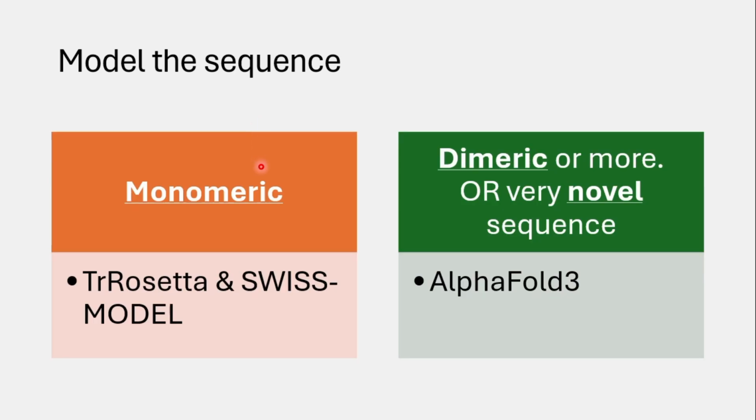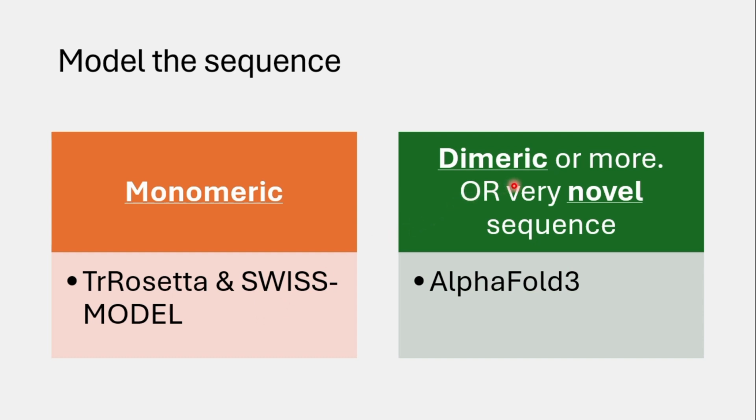There are several options of protein modeling software. This is just my personal preference. If you are working with a monomeric protein, it is better to use either trRosetta or Swiss-Model modeling software.